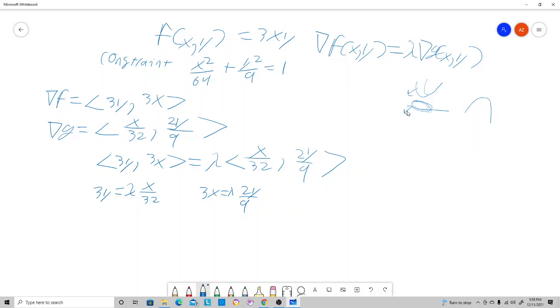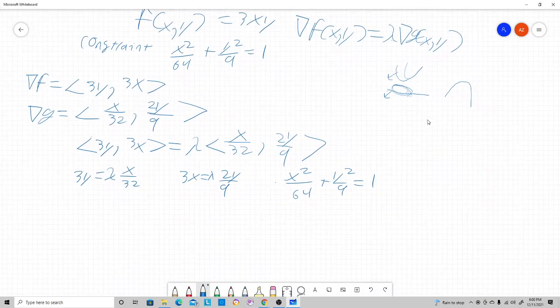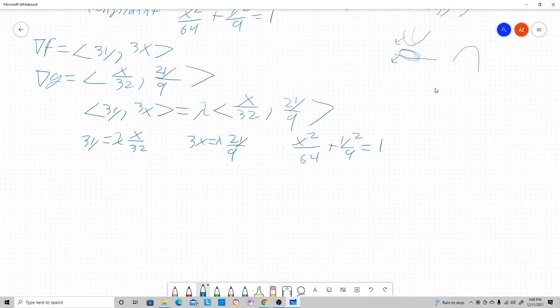Well, we do have another equation technically. We have our constraint, so we can use it as our other equation. We can say, okay, x squared over 64 plus y squared over 9 equals 1. So now this problem literally came from calculus and now it's all a system of equations.